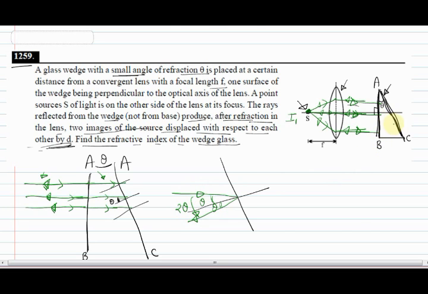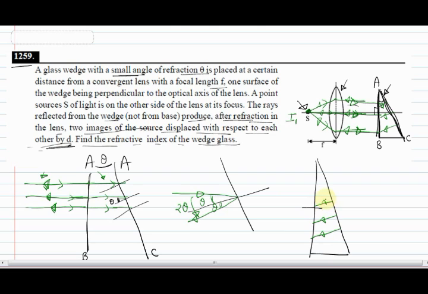Let me draw another diagram for you. This is the prism, and the light rays reflected from the face AC come like this, and their angle with the horizontal direction is 2 theta.